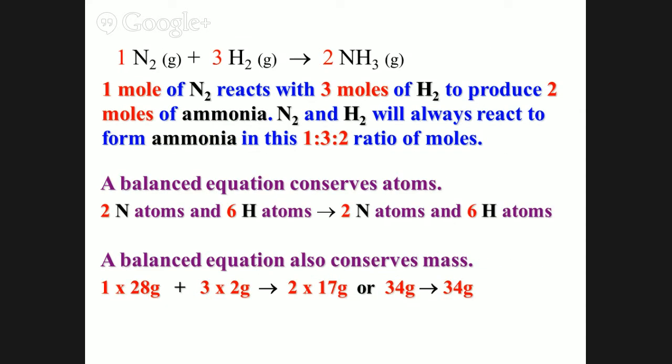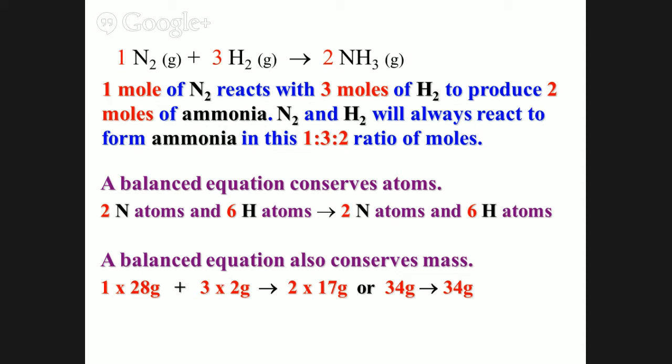Now, there are some conservations of matter when you look at a chemical reaction. When we were figuring out our balanced equations, in other words, the 1, the 3, and 2, which are mole ratios between the different items in the equation, we, of course, did that to make sure that the number of atoms matched on both sides of the equation. So that 1 in front of the N2 means there's 2 nitrogen atoms on the left.